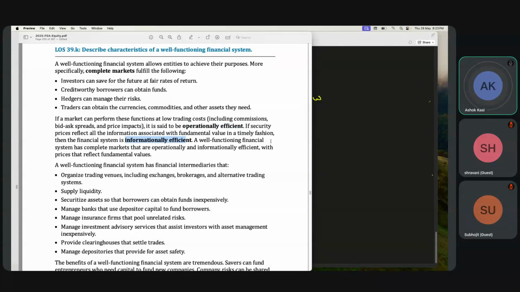Informationally efficient means if security price reflects all information associated with the fundamental value in a timely fashion, then the financial system is informationally efficient.